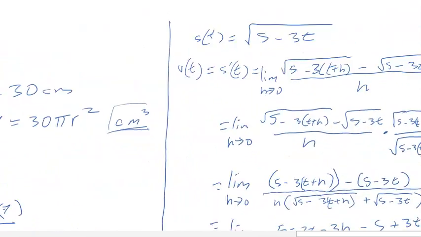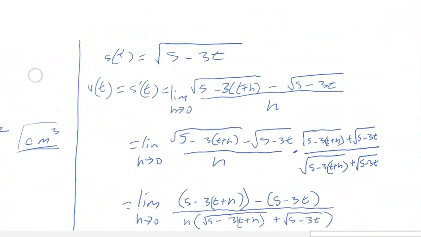So let us write our position function again. s of t is equal to radical of 5 minus 3t. And so our velocity function, let's call that v of t, is equal to the derivative of the position function. That would be s prime of t.